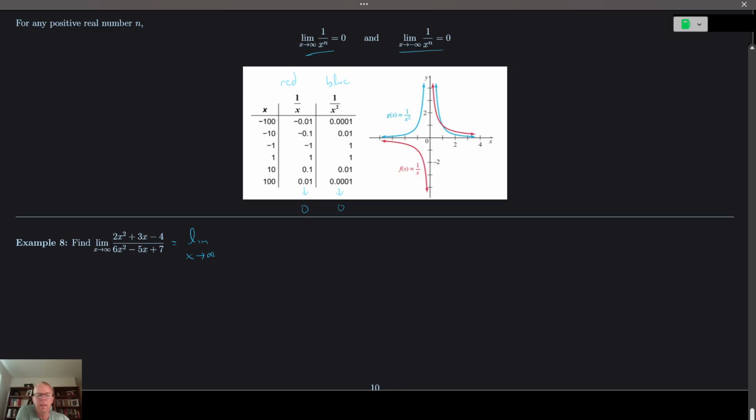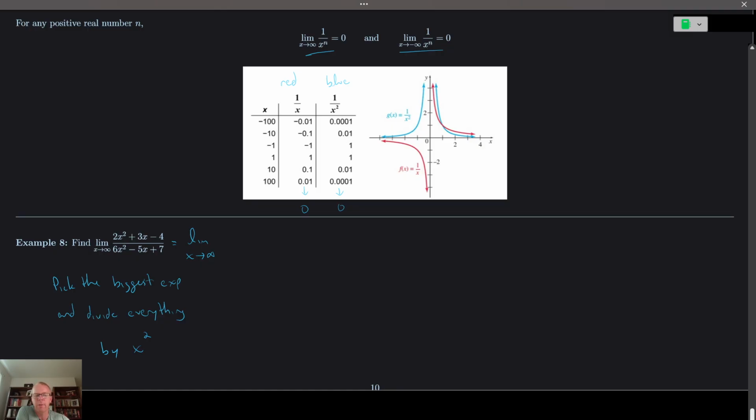Pick the biggest exponent, and divide everything by, in this case, the biggest exponent is 2. So divide everything by x squared. So we're going to divide each term by x squared.